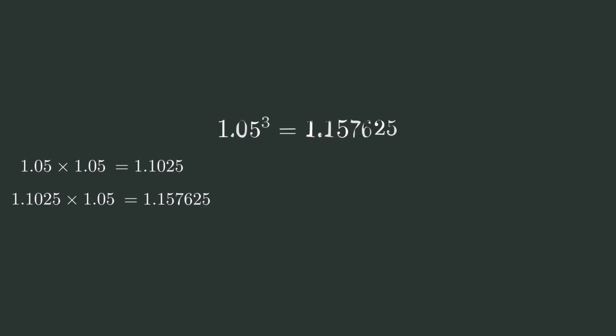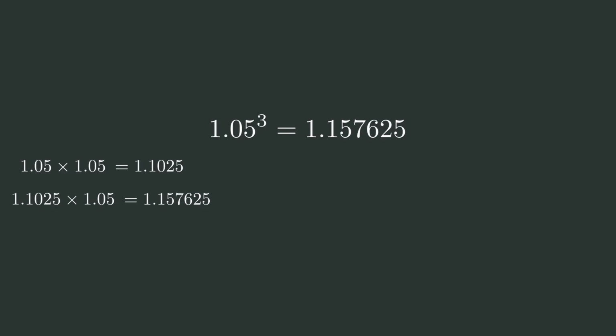So if we do the calculation, 1.05 times 1.05 will equal 1.1025. And we have to calculate it again because it's the power of 3. So 1.1025 times 1.05 will equal 1.157625.